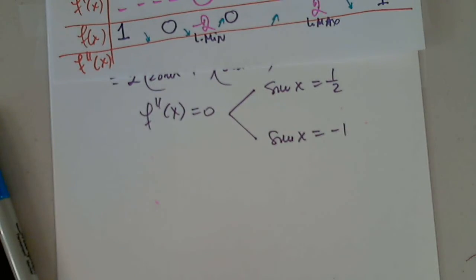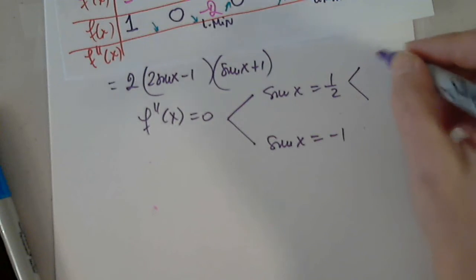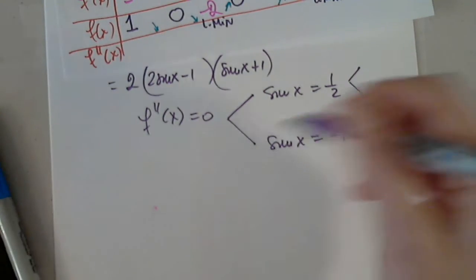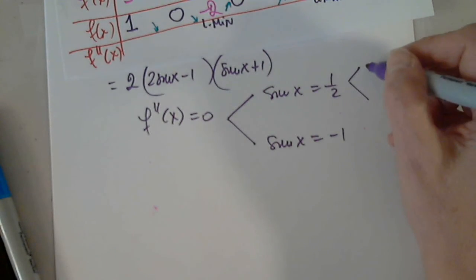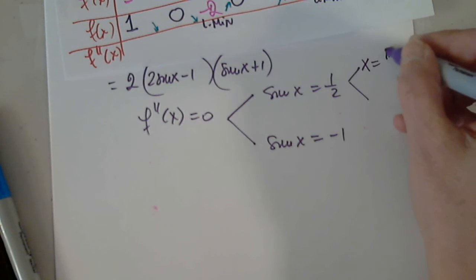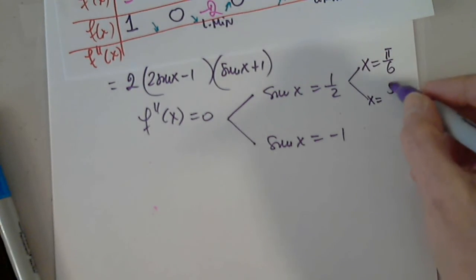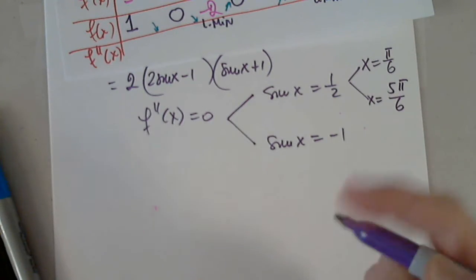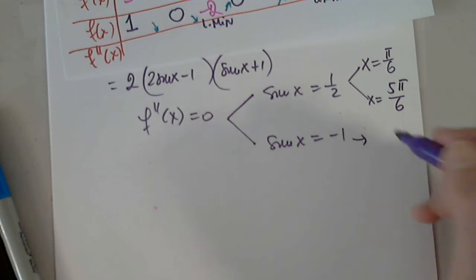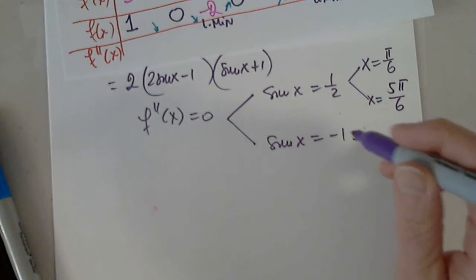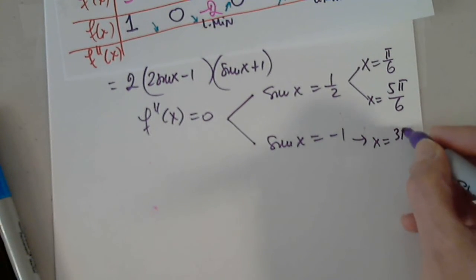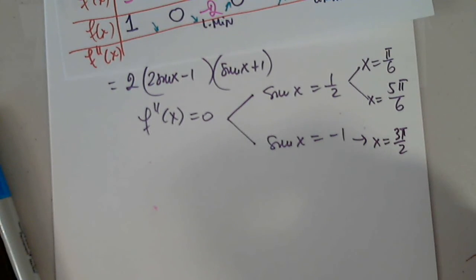See, I told you it's going to take a long time for trig functions. So this has two options because one in the first, one in the second quadrant. X equals pi over 6. And this is pi minus pi over 6, which is 5 pi over 6. And this one is only 1. Sine is negative 1 at 3 pi over 2, which is here.